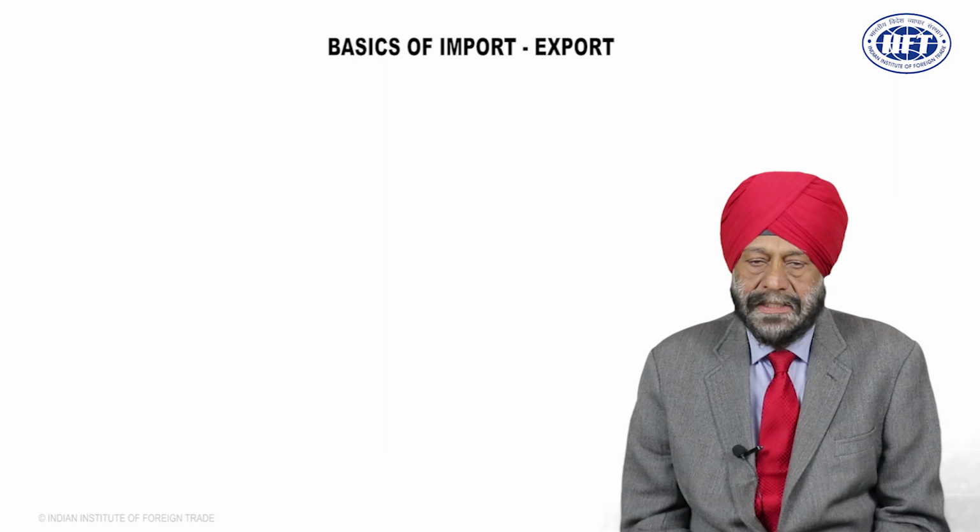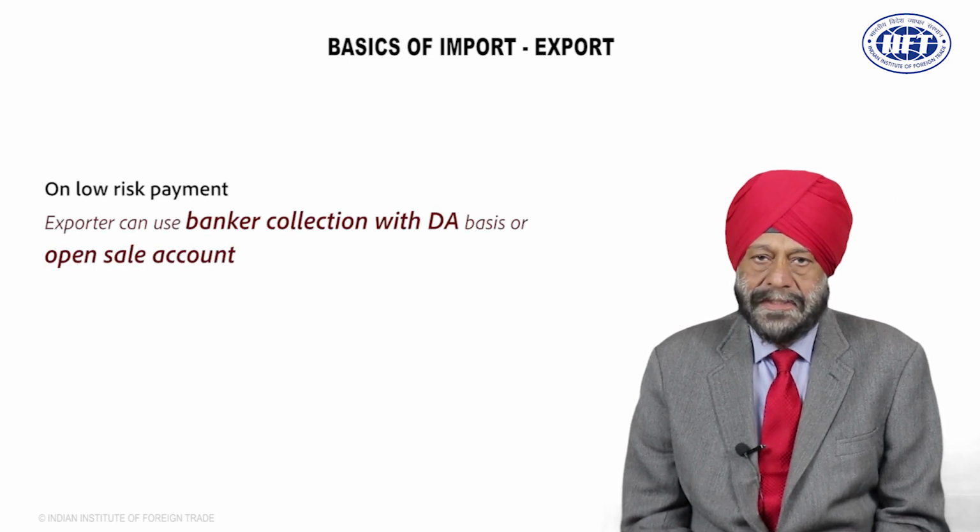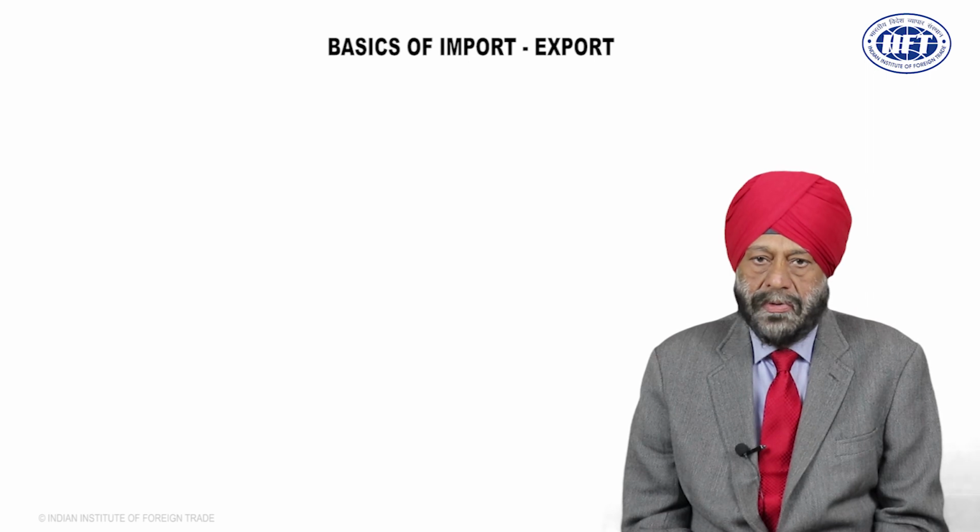If risk is very low, then the exporter can use banker collection with DA basis, or in case the buyer is a very high valuable customer, then open sale account. If these precautions are taken, we will be able to get the full and final payment in export transactions.